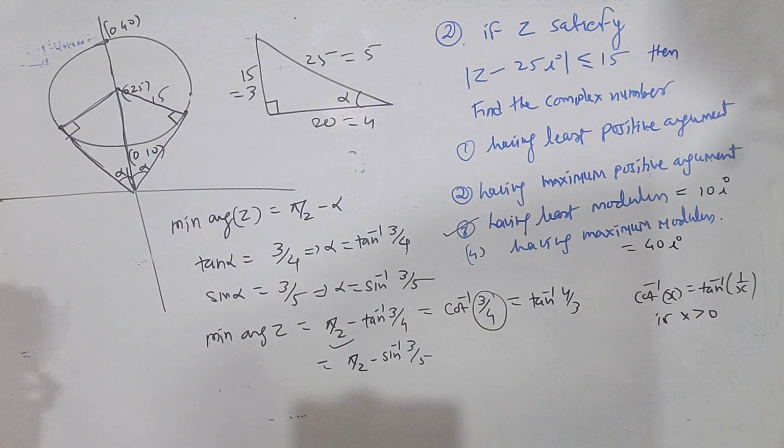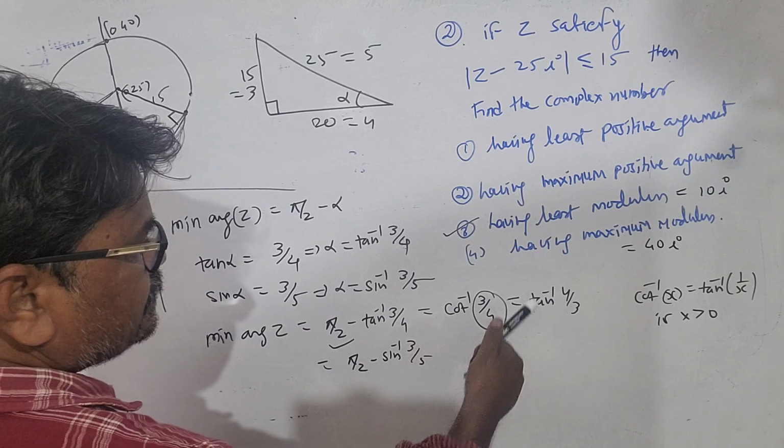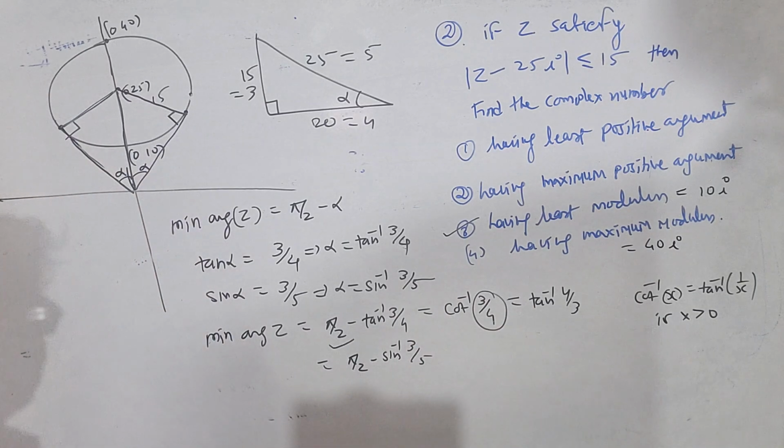Fine. So therefore pi by 2 minus tan inverse 3 by 4 is equal to cot inverse 3 by 4, which is equal to tan inverse 4 by 3.